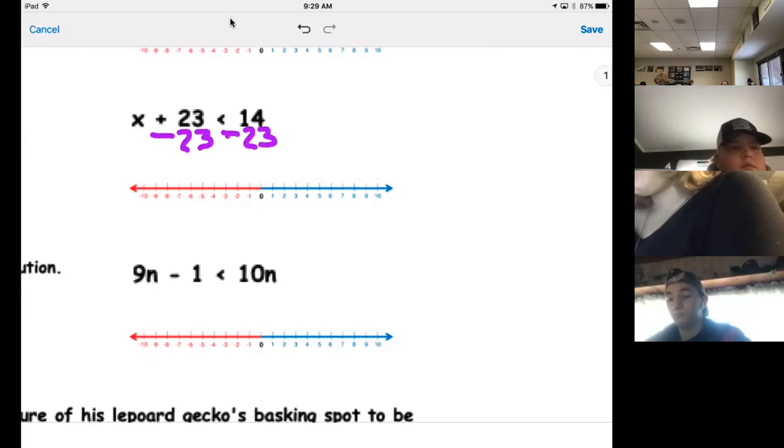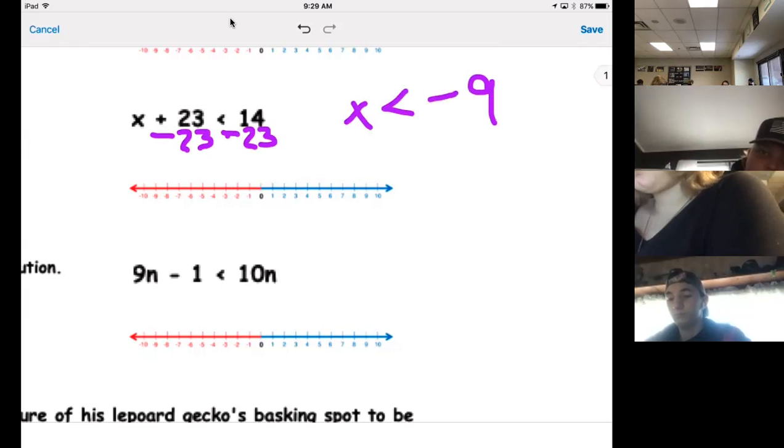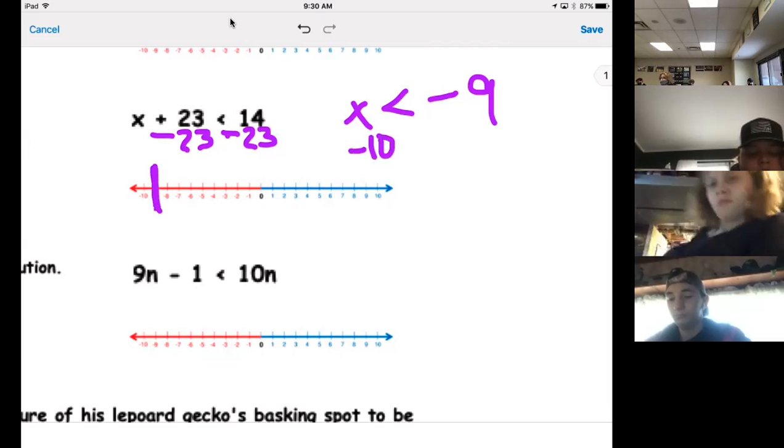Okay, so we have X is less than 14 minus 23. Anybody know what that is? Negative 9. So I am going to separate or cut my graph in half at negative 9. And now I have to determine if it's going to go left or right. Is it going to go towards negative 10 or is it going to go towards negative 8?